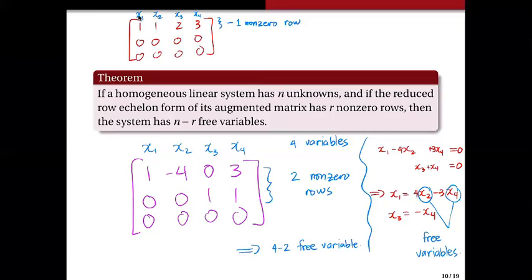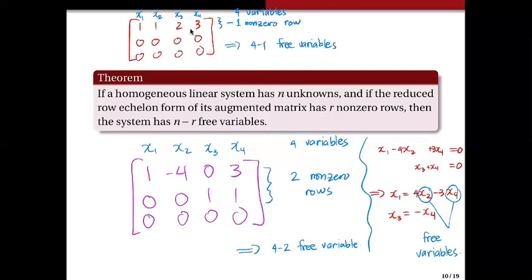And we have 4 variables, x1 until x4. So according to this theorem, we should have 4 minus 1 free variables. Correct? So 3 free variables.